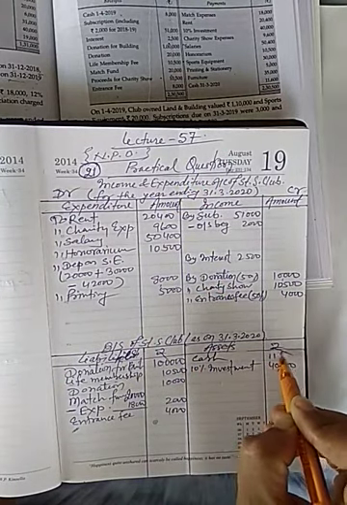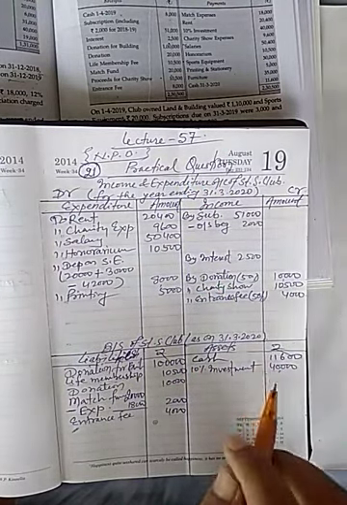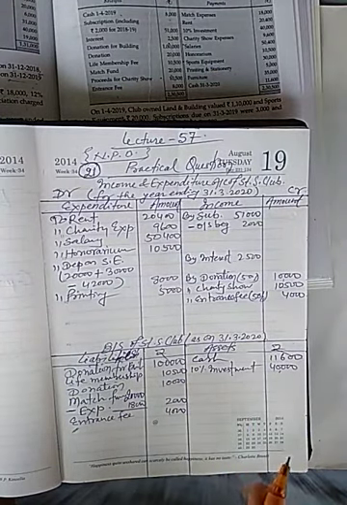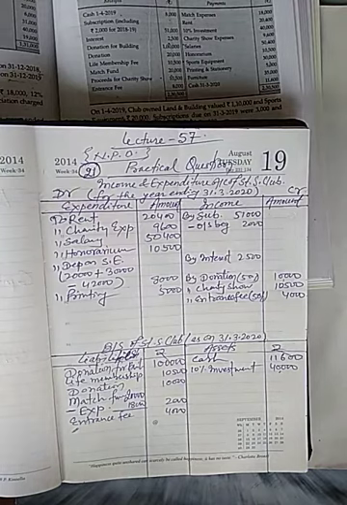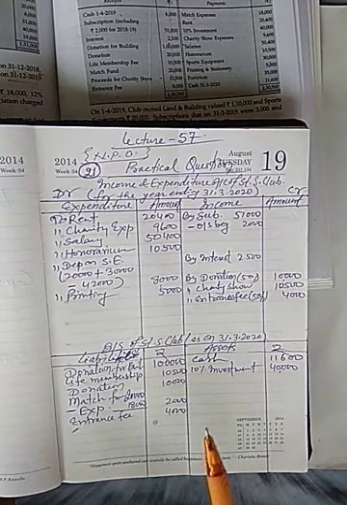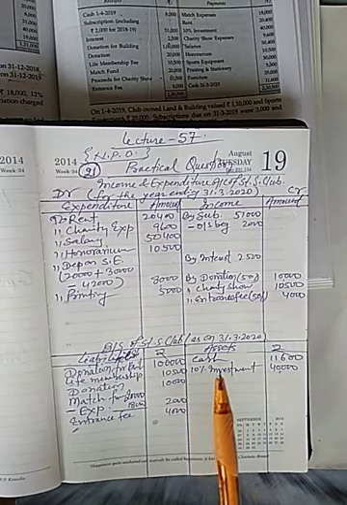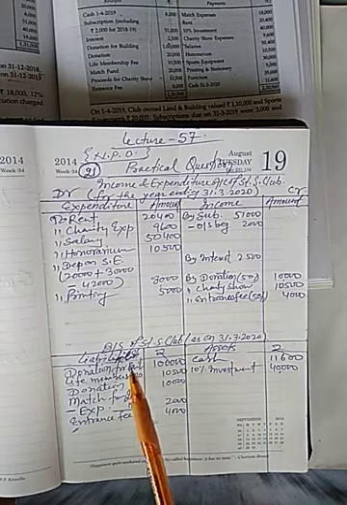Cash 11,600 given. Now all the items related to the receipt and payment account I have written in the income and expenditure account and balance sheet.